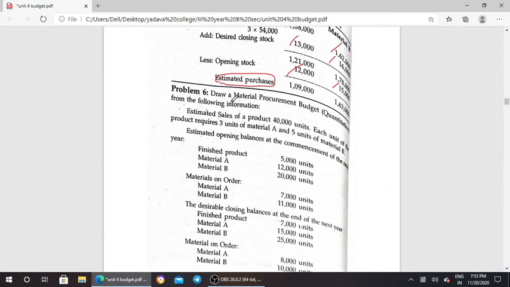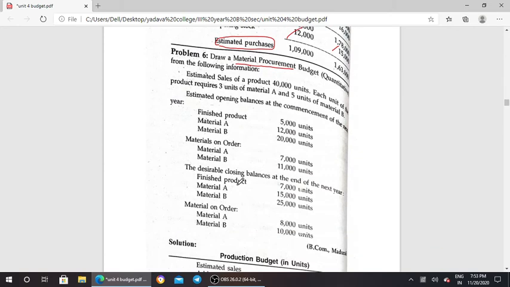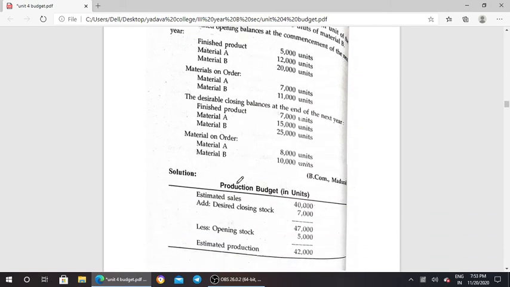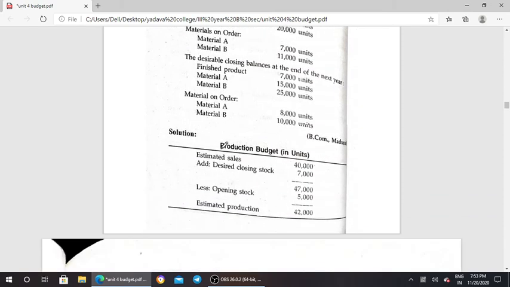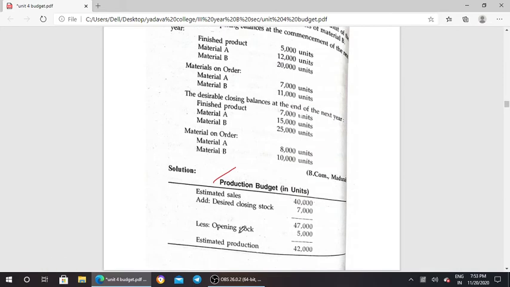Okay, next sum also we are going to talk about this material procurement budget, that is material purchase budget. They have given for finished products of A and B, material order, closing stock, and material order. First we have to find the production budget, that is estimated sales, add closing stock, less opening stock, then estimated production.